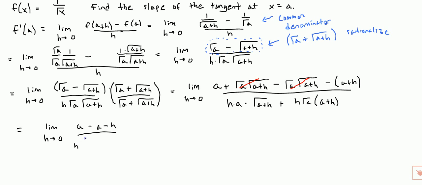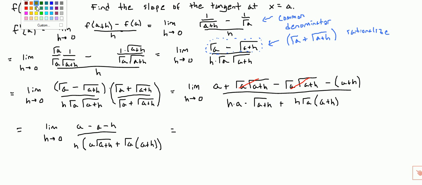So over h times a root a plus h plus root a times a plus h. Okay? I just pulled an h out from both of these denominator terms. Okay? So we get another cancellation. These a's cancel.